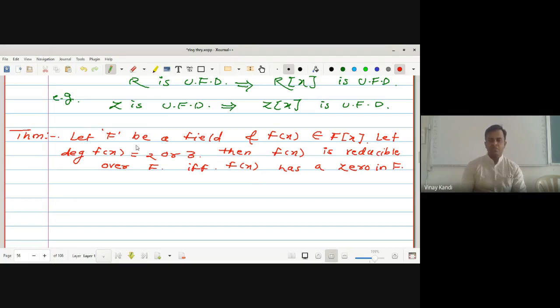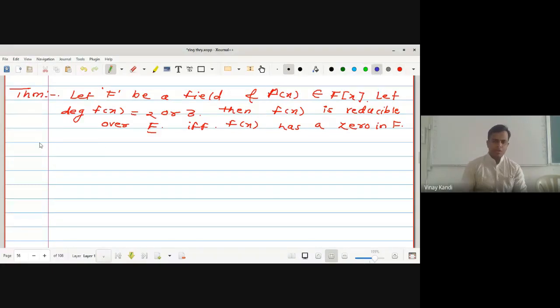Let F be a field and f of x belong to capital F of x, and let the degree of f of x be either 2 or 3. Then f of x is reducible over F if and only if f of x has a 0 in capital F. Look at the proof now. Only if part.